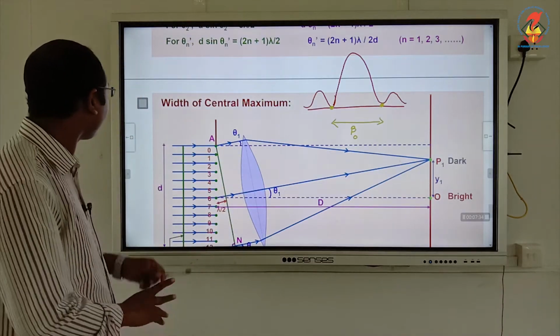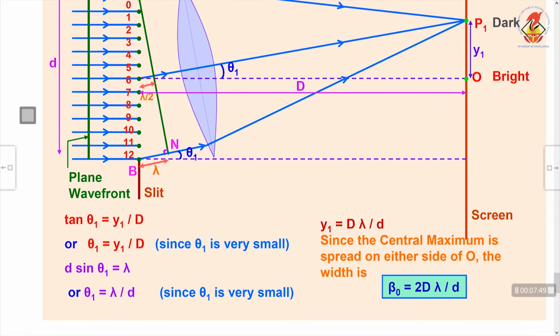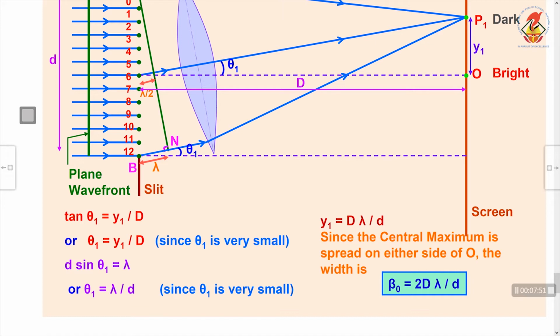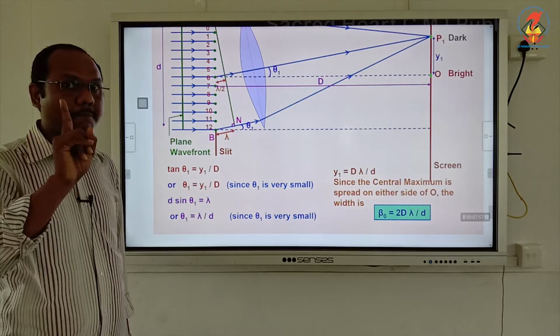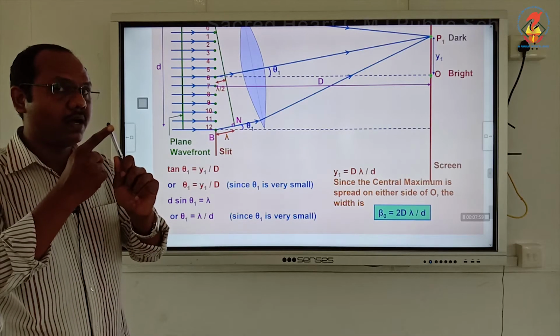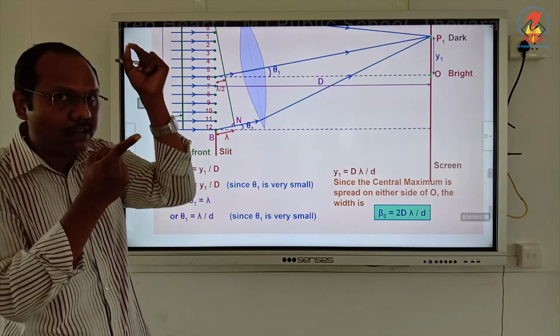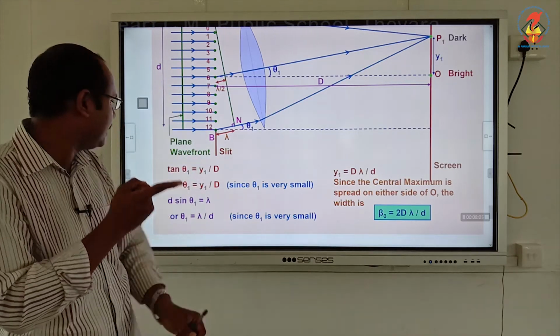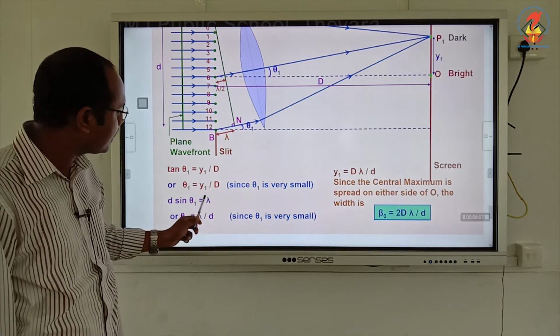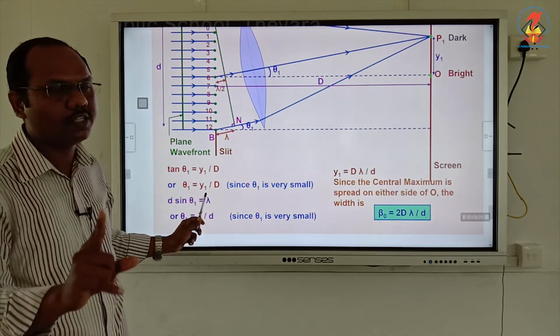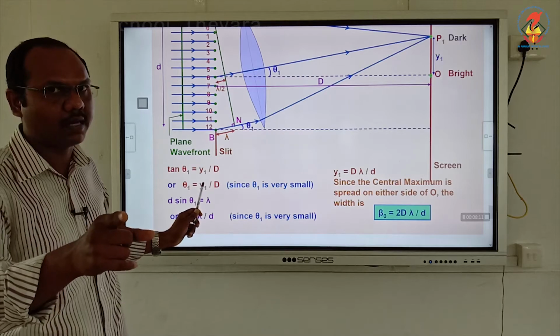Okay. Now, d sin theta is equal to lambda, and theta 1 is equal to lambda by d for the minima. First minima on both sides of the central maxima. So we are taking first minima. So for first minima, d sin theta is equal to lambda. General equation was d sin theta is equal to n lambda.